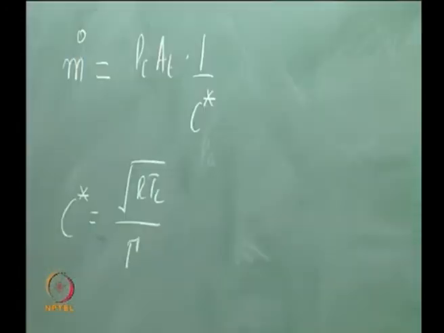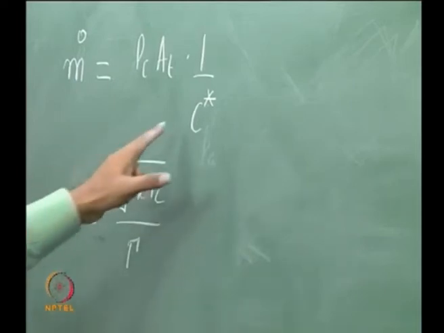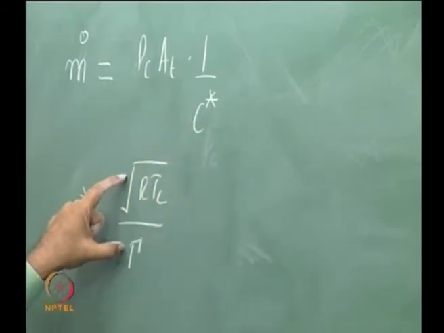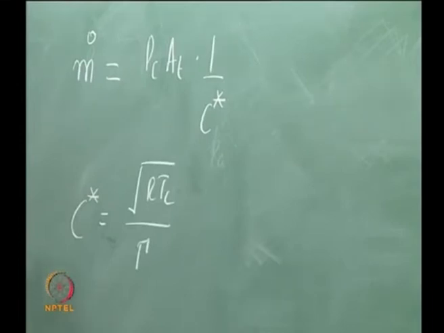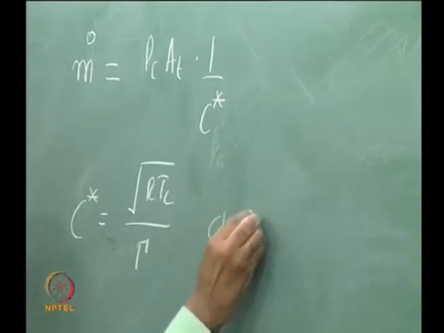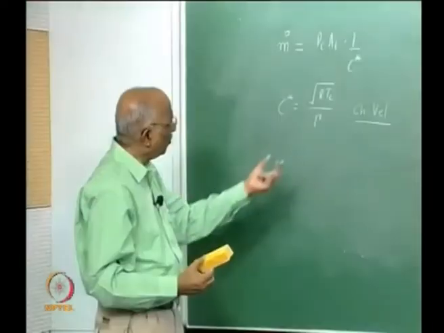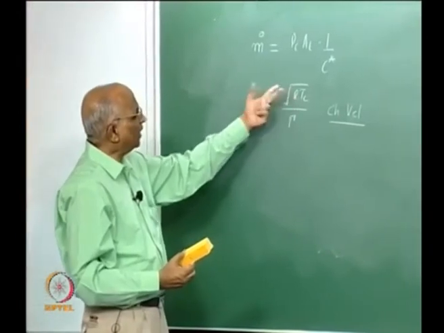What did I do? M dot is equal to PC AT divided by under root RTC by gamma, where this has unit of velocity and therefore I call it characteristic velocity. Is it alright? We are just defining something because the unit is velocity.